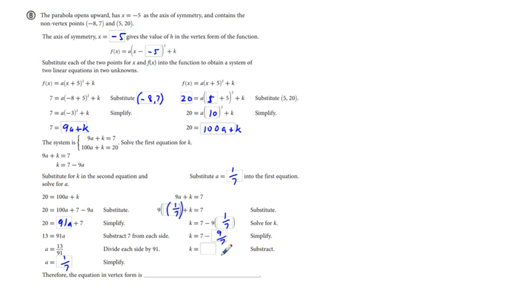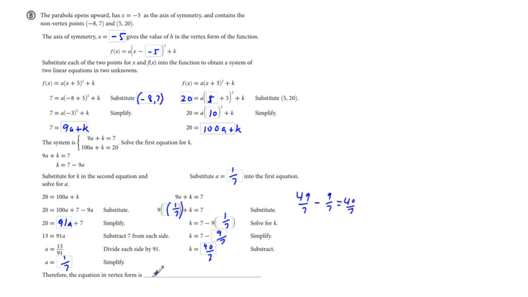And 7 minus 9/7 is going to be 40/7, because that's going to be 49/7 minus 9/7 equals 40/7. So now we have what h and k are.